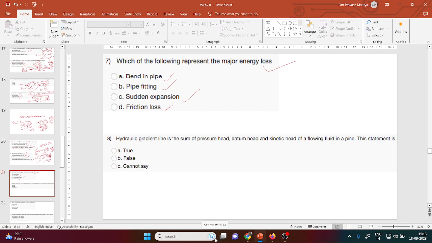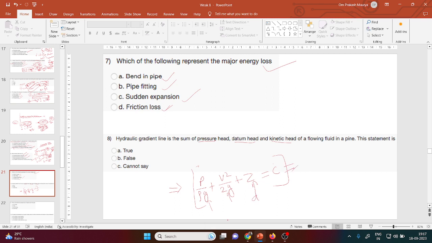So Francis, basically the energy gradient line represents all: the pressure head, datum head, and the kinetic head. You already know the energy equation, the Bernoulli equation: P by rho g plus V square by 2g plus datum head, which is constant. This represents the pressure, this represents the kinetic, and this represents the datum head.